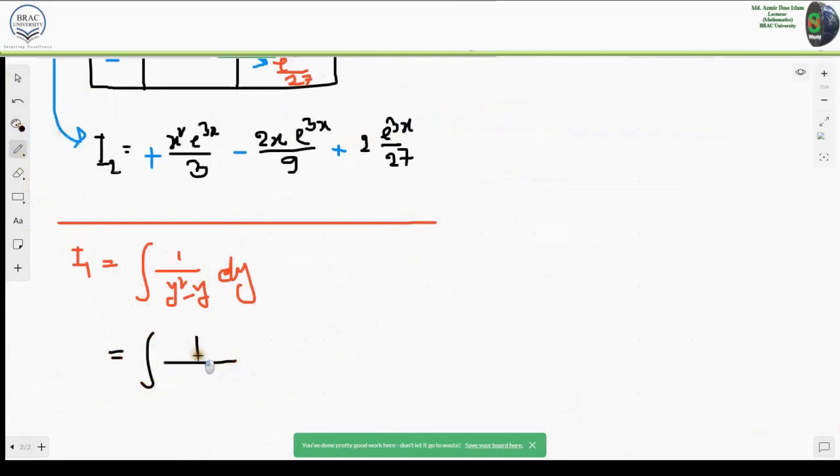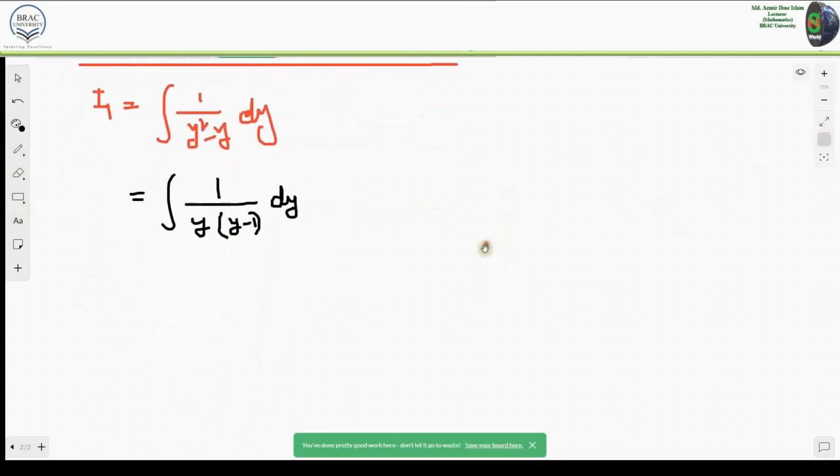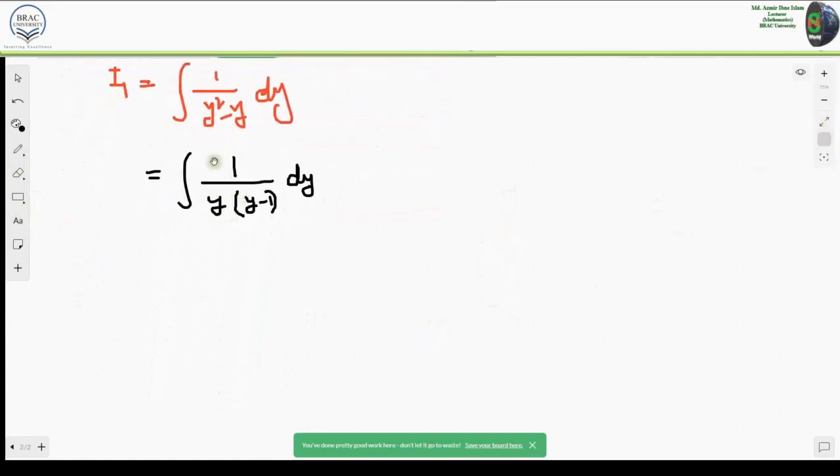We can take y as the factor, then it will be y times y minus 1 dy. So now you see y squared minus y has been written in the form y times y minus 1, which is of type 1. That means now we can use partial fraction.